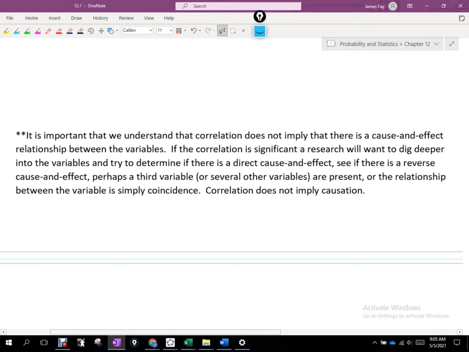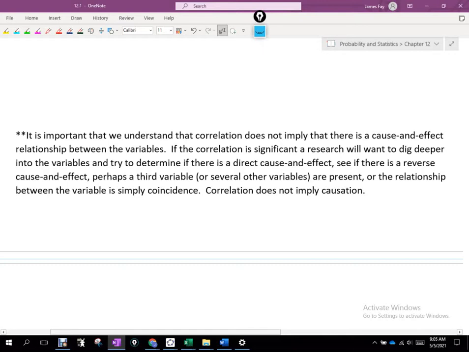Okay? It says that the correlation is significant. A researcher will want to dig deeper into the variables and try to determine if there's a direct cause and effect. Does GDP actually make CO2 emissions greater? Okay. Or to see if there's reverse cause and effect. Does greater CO2 emissions create a greater GDP?